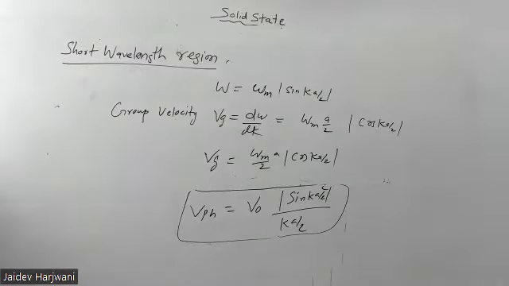Now plot these graphs. Now plot this graph for k values, where k goes from minus pi by a to plus pi by a. So we have these two expressions.